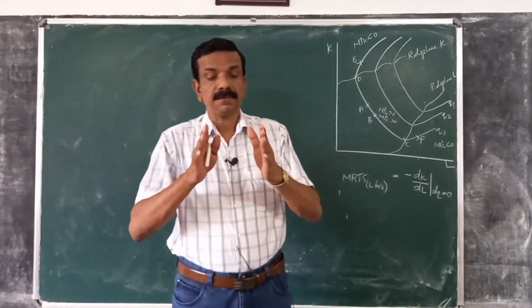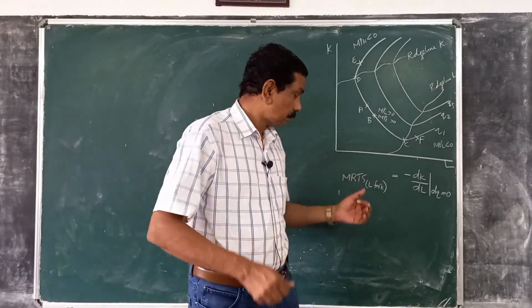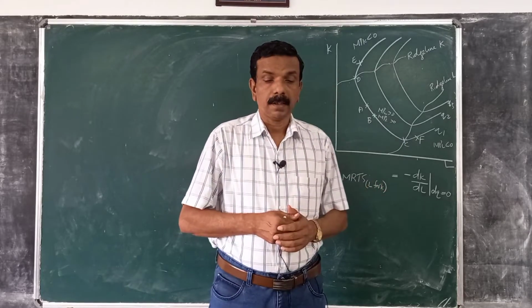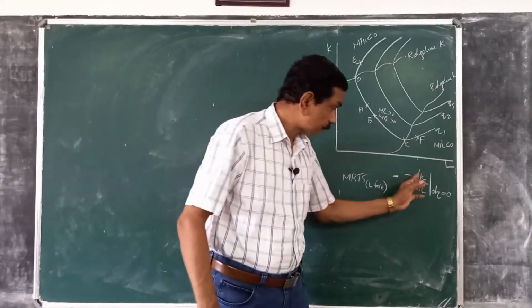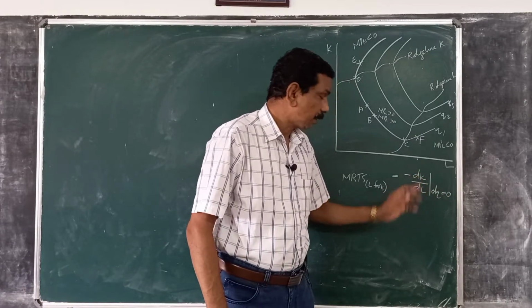So, a measure of the substitution between capital and labor is the marginal rate of technical substitution of L for K, and it is the negative of the slope of the isoquant. Slope of the isoquant is dK by dL.